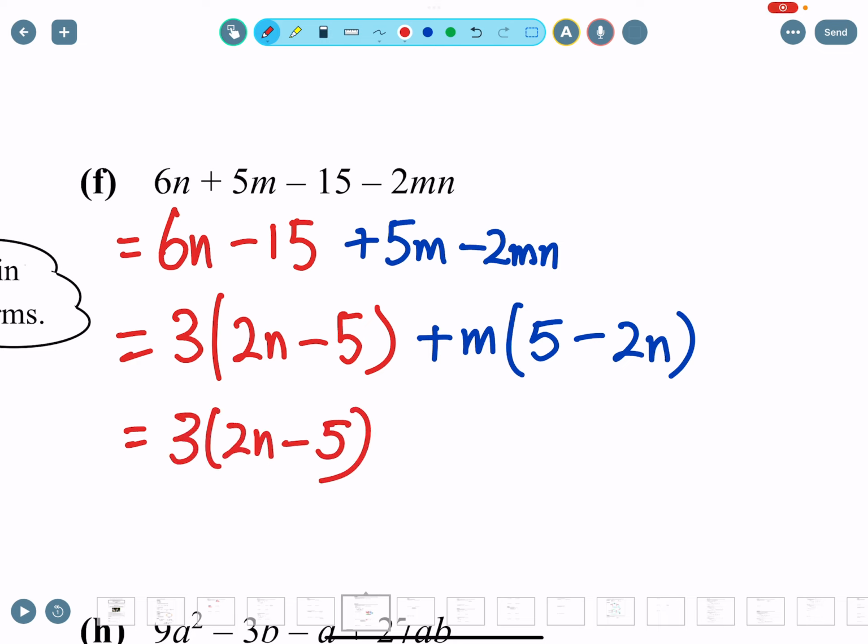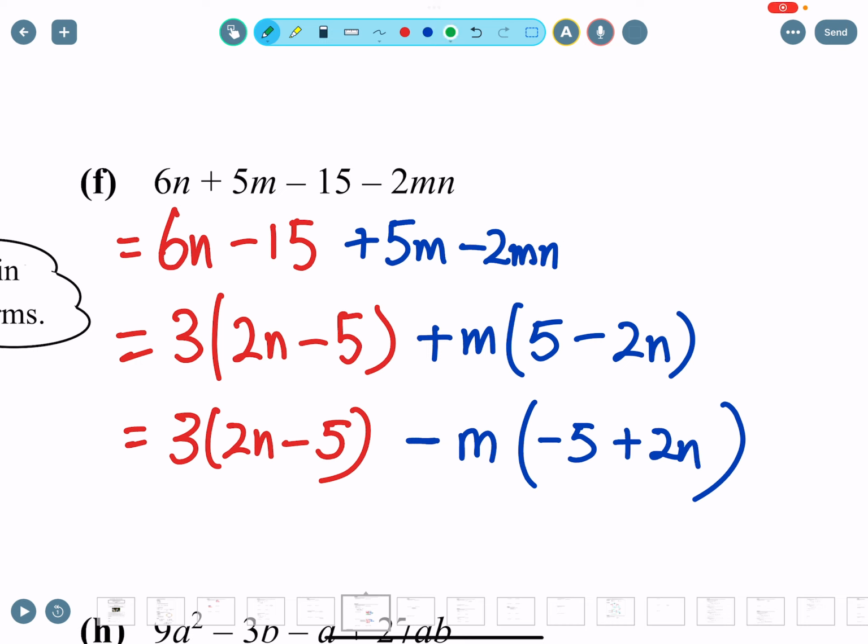Now to switch the sign, to flip the sign, you want to switch these two signs, right? Both of them. And you must do it for both of them every time. We're going to factorize a negative. So I'm going to take away a negative m. So what happens here is this 5 is going to have a negative now, negative 5. And this negative 2n becomes a positive 2n, right?